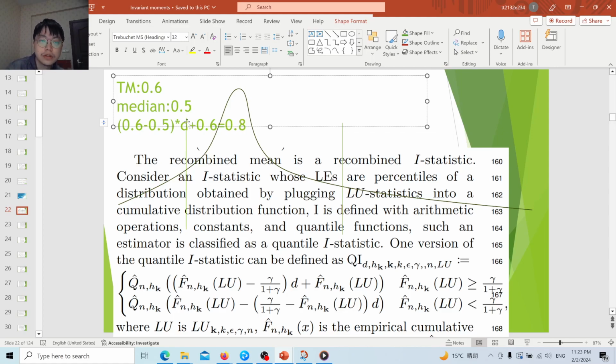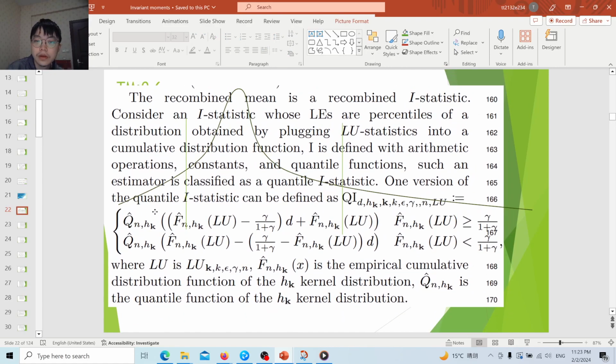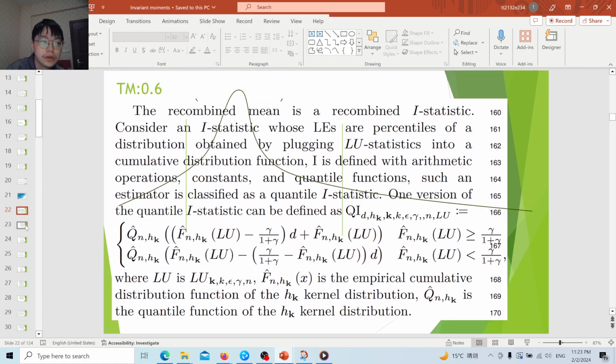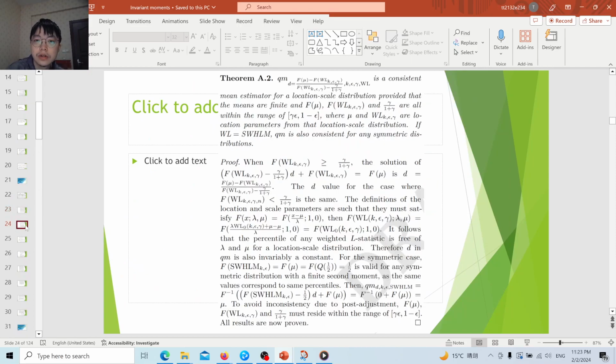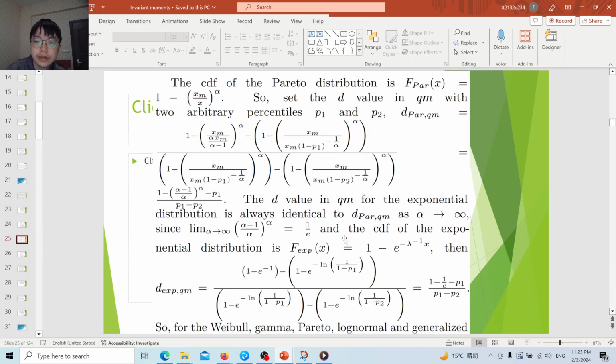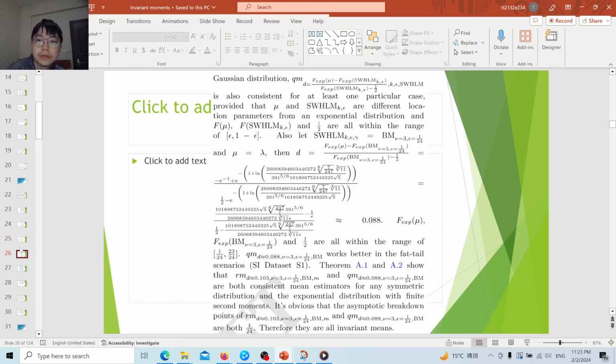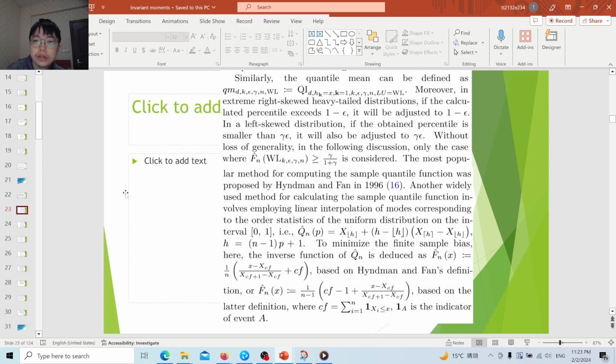The resulting value depends on the d value. For example, maybe 0.8. And then we can use a quantile function to estimate the quantile 0.8, and the result can also be a consistent estimator, setting the exponential distribution as the consistent distribution for this two-parameter distribution in some special cases. For the quantile function you need to carefully consider the quantile function and the empirical cumulative distribution function.